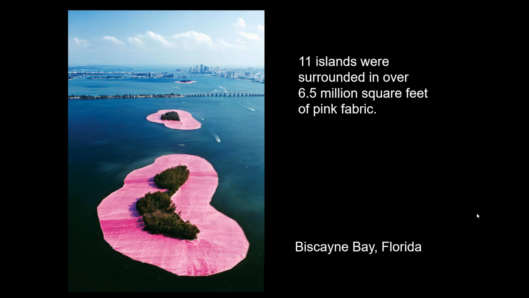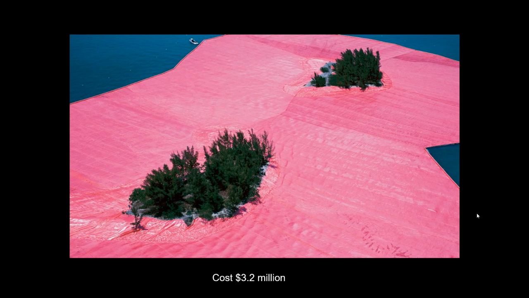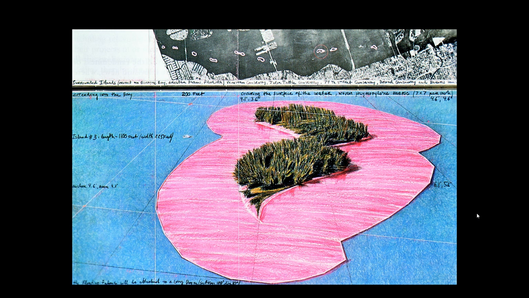They chose these 11 islands in Florida years ago and surrounded them with over 6.5 million square feet of pink fabric. It's kind of an aerial view. And these are all temporary. They don't last very long. They'll pull them back up after maybe a week or so. Here's one of their sketches.